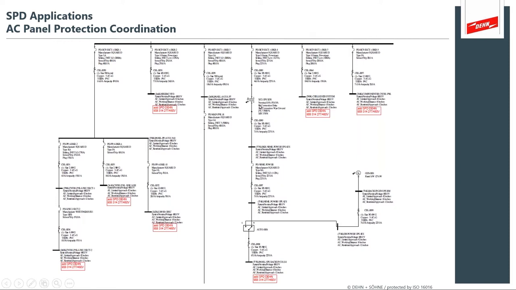Look for things like transformers where you're stepping down into a lower voltage, where you need to pay attention to separately derived neutrals and additional earthing and bonding. So again, it's about understanding your schematic and selecting the devices that are appropriate at those AC surge panels.